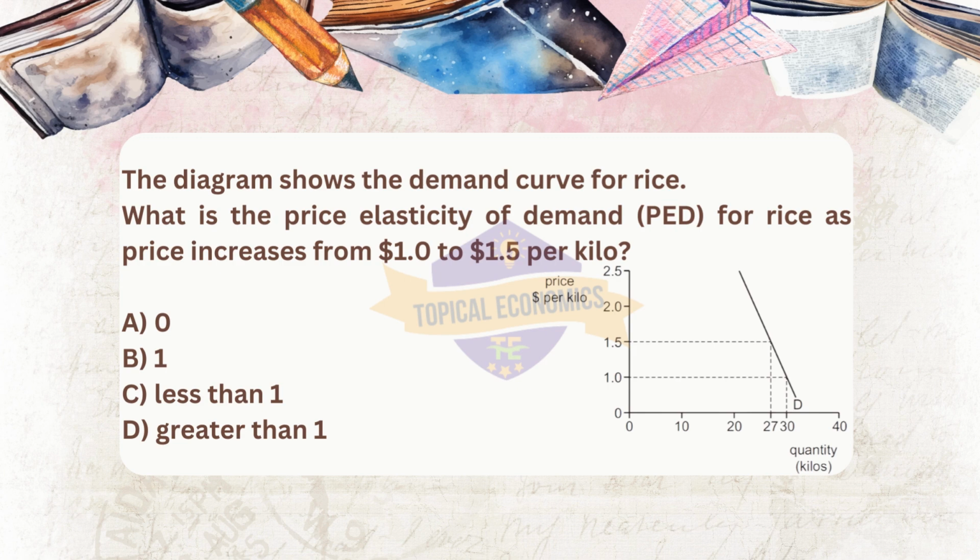For this question, we can calculate that the percentage change in quantity demanded is 10% and the percentage change in price is 50%, thereby giving the correct answer as Option C, less than 1. This option reflects inelastic demand, where the percentage change in quantity demanded is smaller than the percentage change in price. Moving to the seventh question.